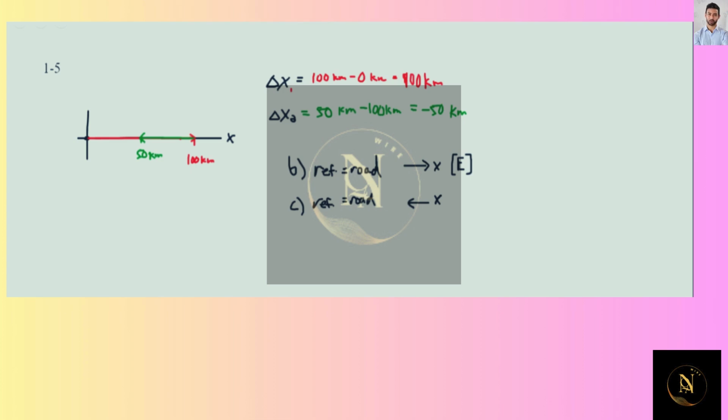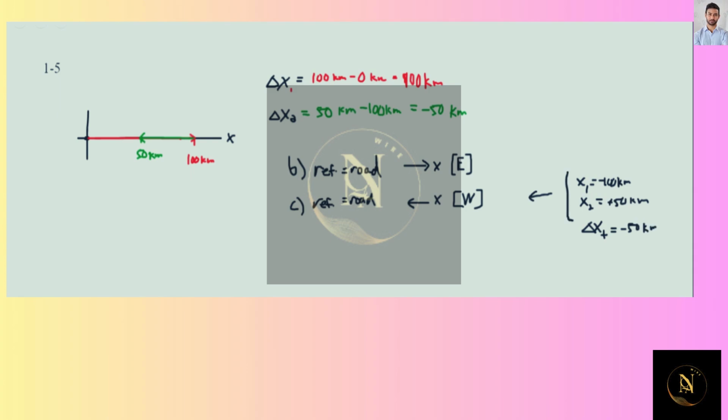Yeah, that's right, 100 minus 50, so a positive x direction has to be in the westerly direction. Just to make that obvious, if this was positive, then displacement 1 would be negative 100 kilometers, and displacement 2, in this scenario, would be positive 50 kilometers. So our net displacement total for the trip is negative 50 kilometers.